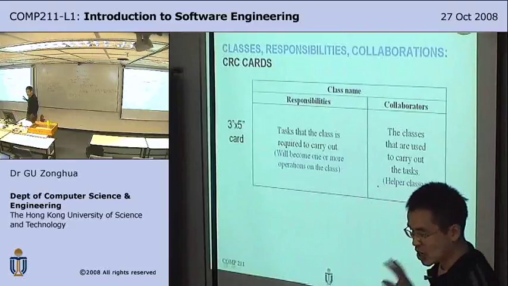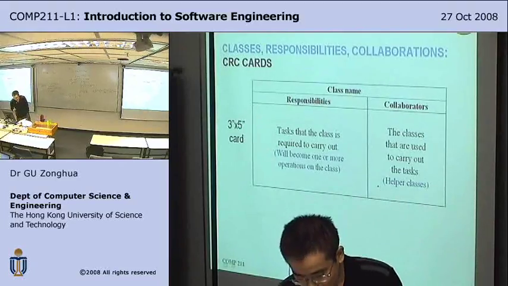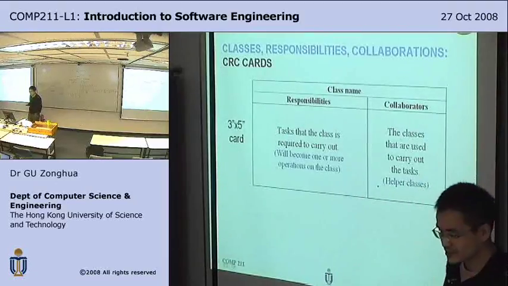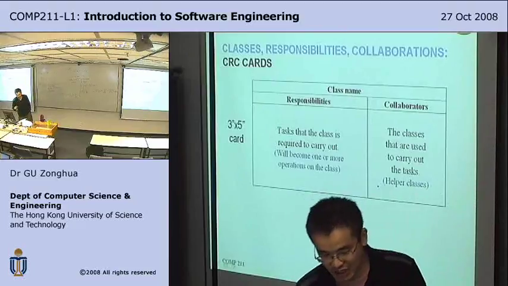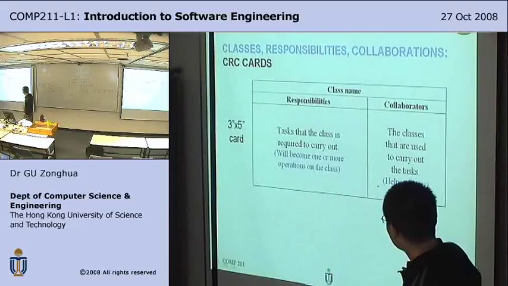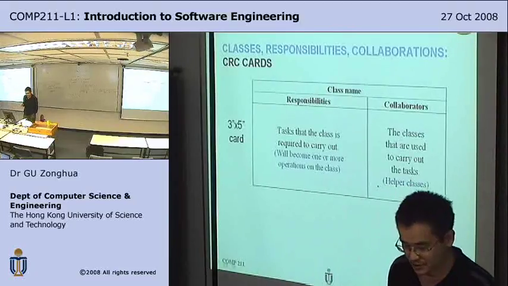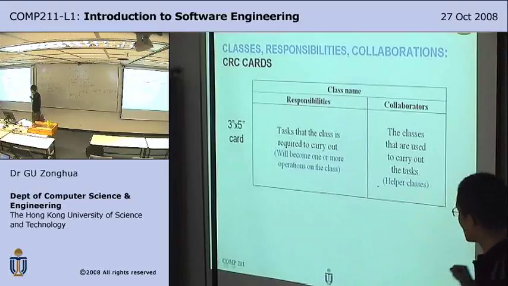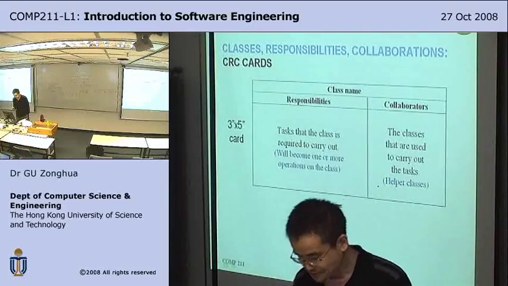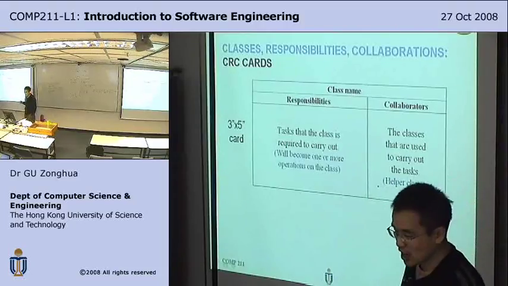So this is the CRC cards: classes, responsibilities, collaborations. In the old days, you really had these cards, 3 by 5 inches, and when you design your analysis classes, you actually write down the class name, responsibilities, and collaborators. Responsibilities are tasks that the class is required to carry out, so they become one or more operations on the class.